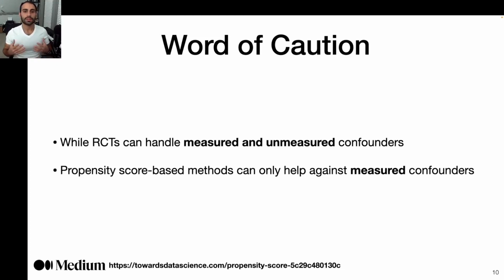So these propensity score-based methods won't be able to account for other confounders that are not included in the propensity score model. And so this may not be such a big deal when you know what you need to measure and you have the ability to measure it, but there are situations where you know what you need to measure, but it's very tricky to measure.